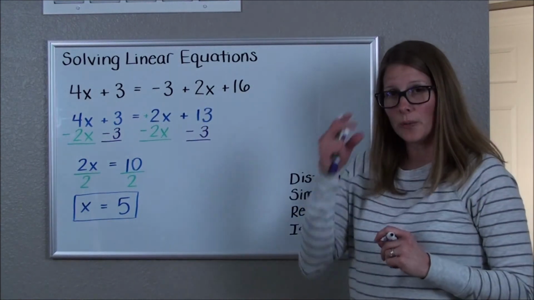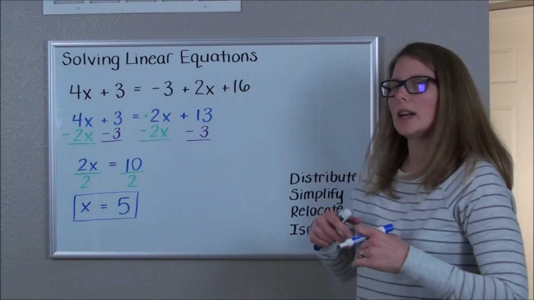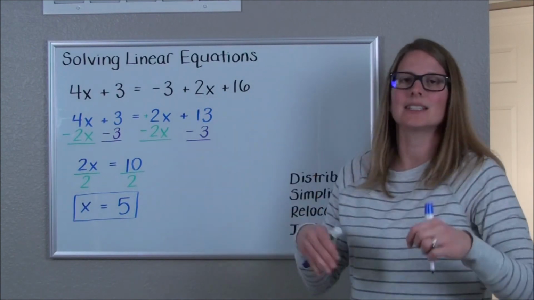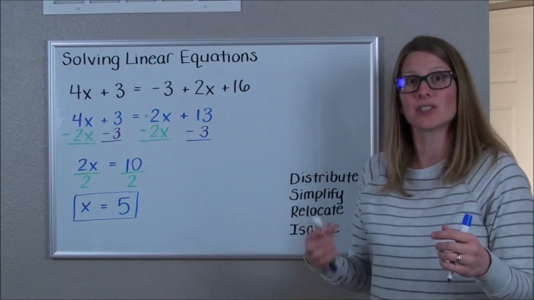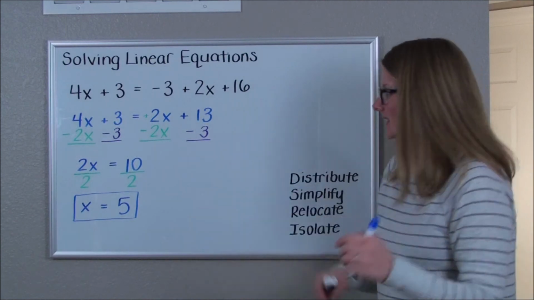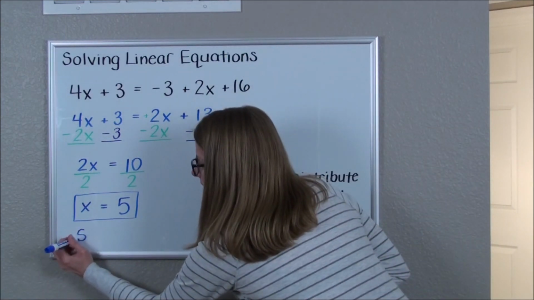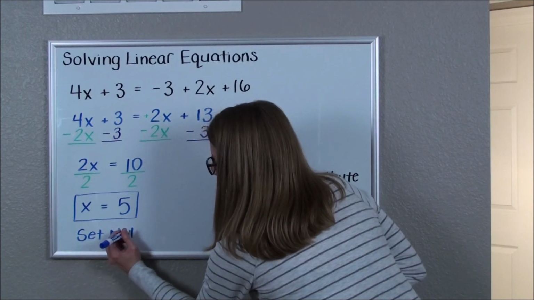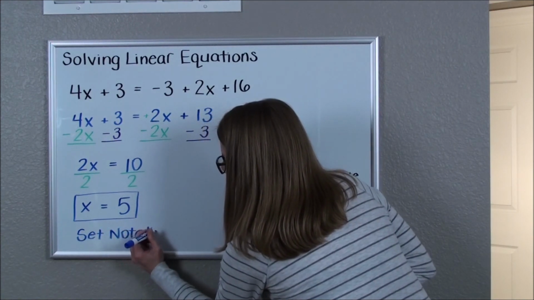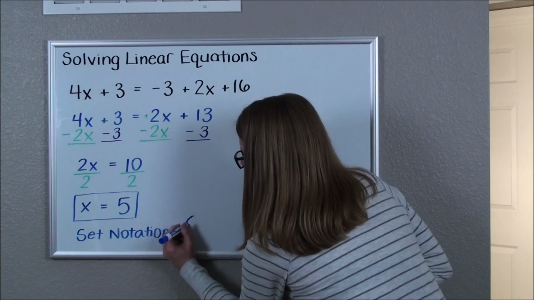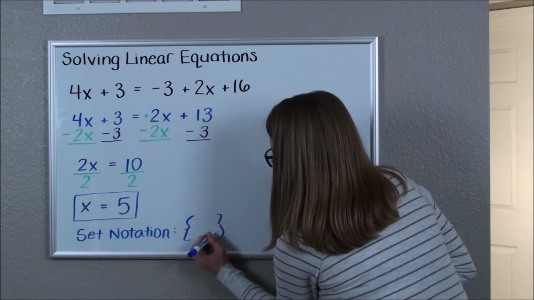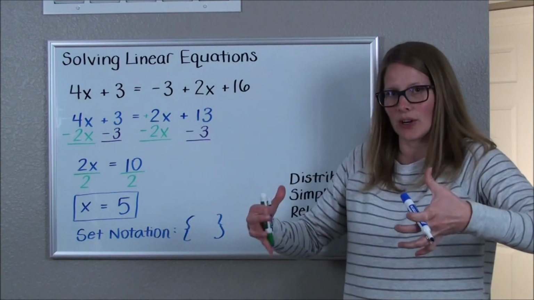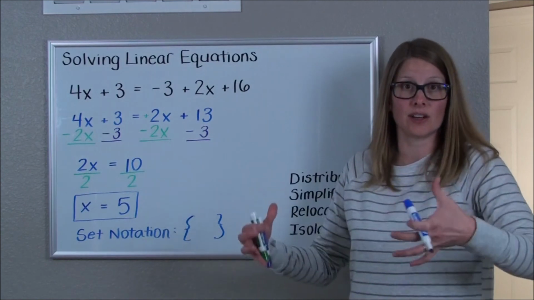But again, in your homework, you might be asked to write the solution set. And anytime they use that word set in math, they're talking about those curly braces. So if I were to look at the set notation for this answer here, again, the set means I'm looking at the curly braces, and those braces are like the container that holds my collection of answers.